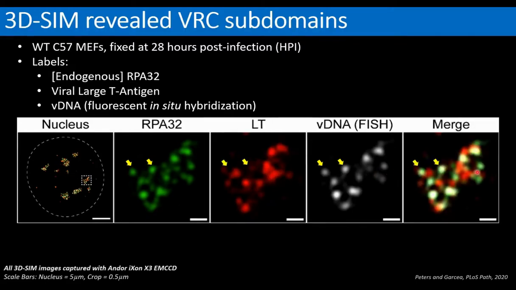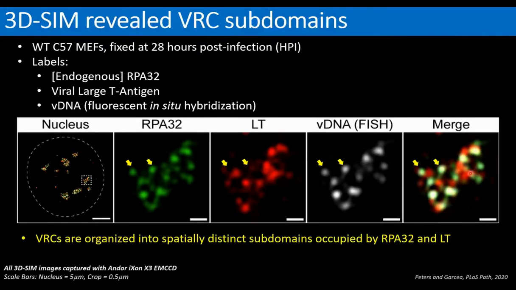And so really these results indicated that murine polyomavirus replication centers are organized into spatially distinct subdomains occupied by RPA32 and large T antigen. I'll be using these two proteins a lot throughout the talk to mark these distinct compartments within VRCs. Compartmentalization like this has been observed in other DNA viruses, but never polyomaviruses, so that was pretty exciting for us.